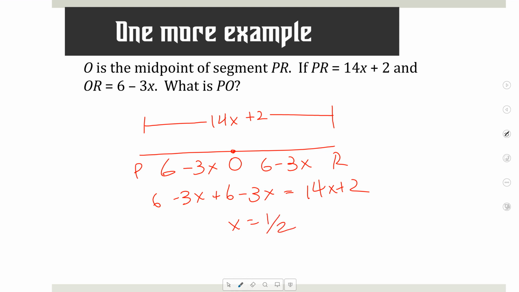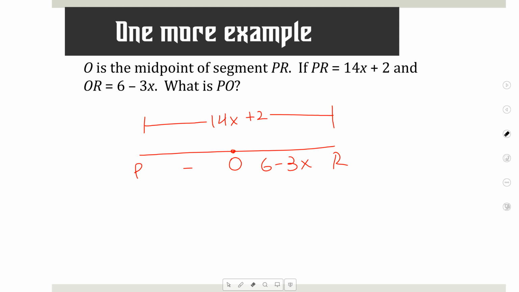Second method. Some people realize, well, wait a second. PO is the big segment minus the little segment, OR. So I'm going to get rid of this, and say, okay, PO comes from the big segment minus the little segment, which gives me 17x minus 4.